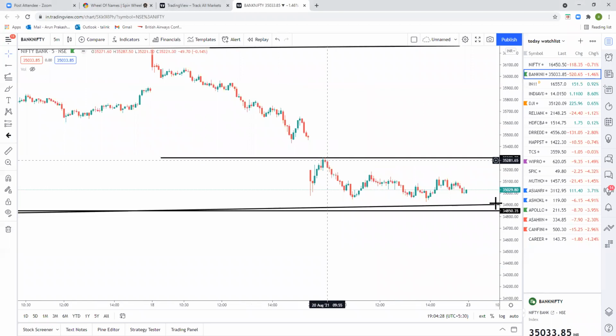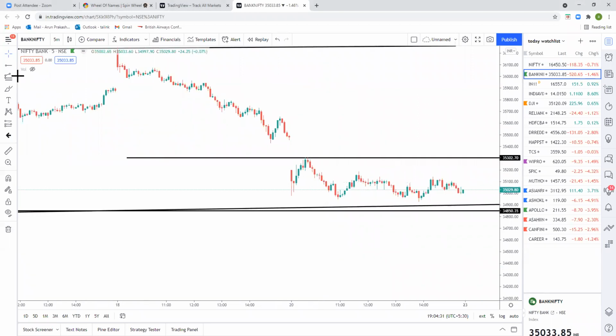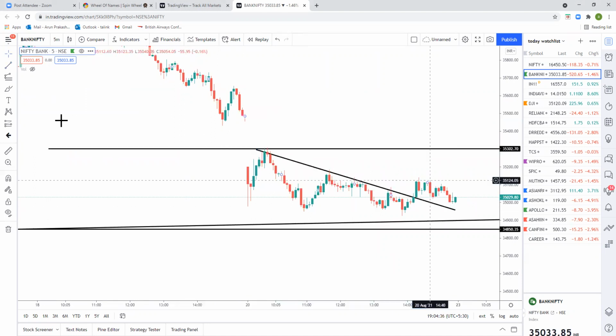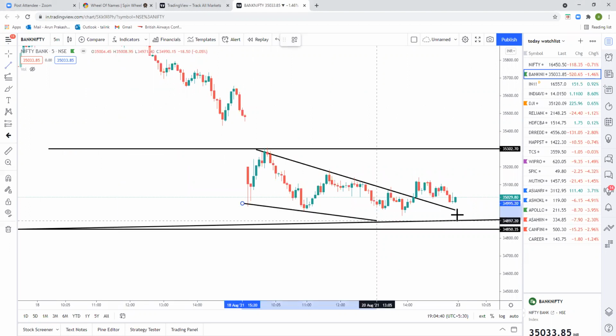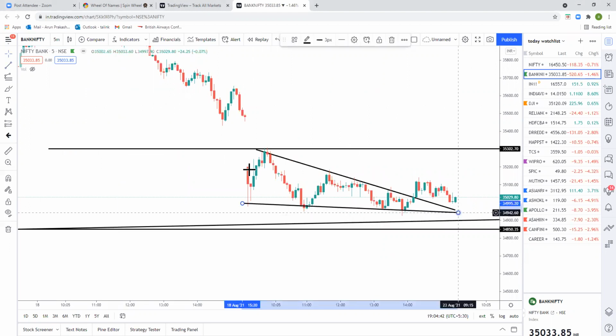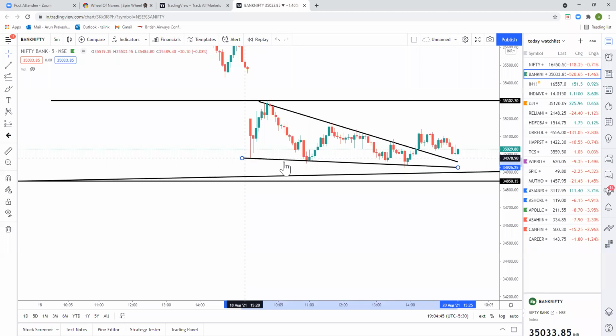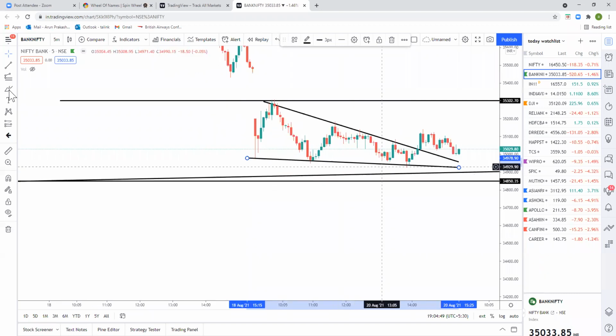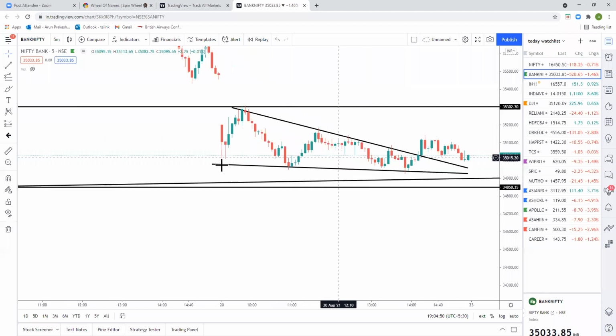So the next trade, I hardly remember that. I guess it was over by this time itself. I don't really remember, bro. So maybe this would have been the double bottom entry.